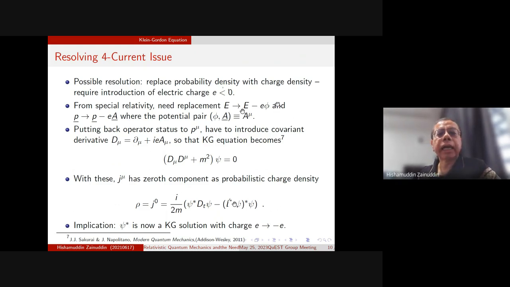Your energy would be replaced by the difference between the original energy and the electrostatic energy, and your momentum will be replaced by something related to the vector potential. In relativity, the scalar potential and vector potential form a four vector, so one can incorporate this into the operator P mu.